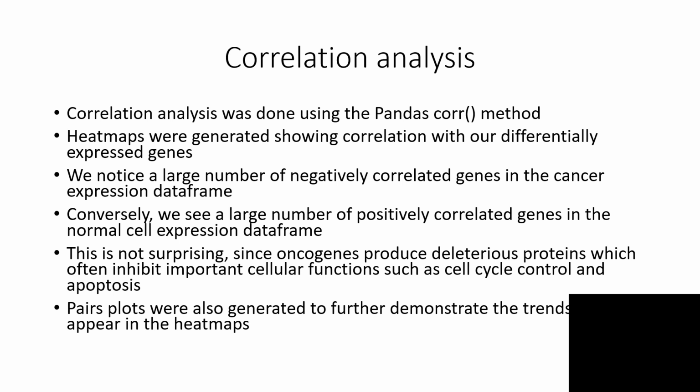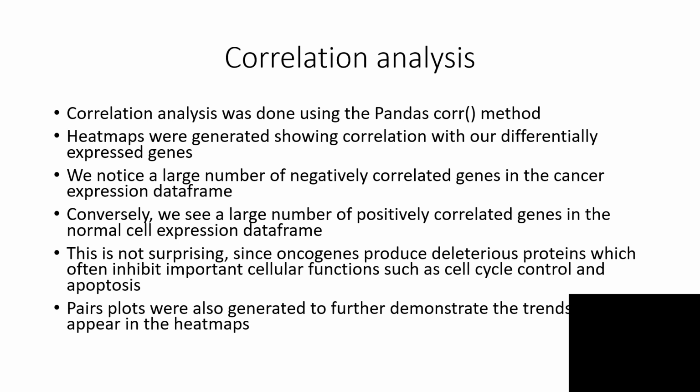And as I explained here, this is not surprising. Oncogenes routinely produce deleterious proteins, which can often inhibit cellular functions like cell cycle control and apoptosis. Just as an FYI, apoptosis simply means cell death.